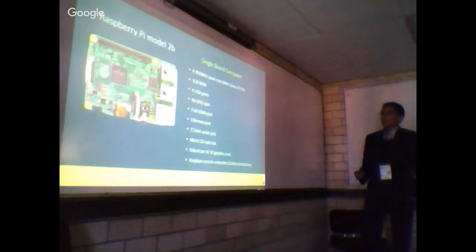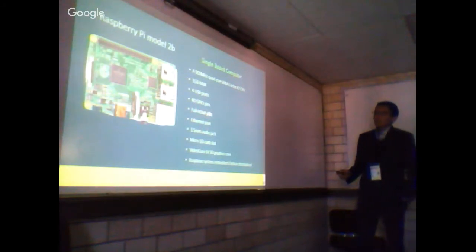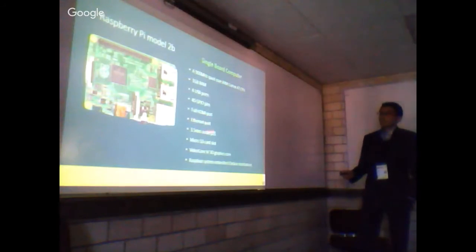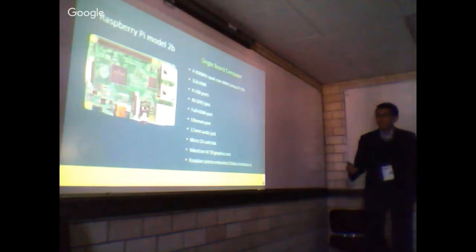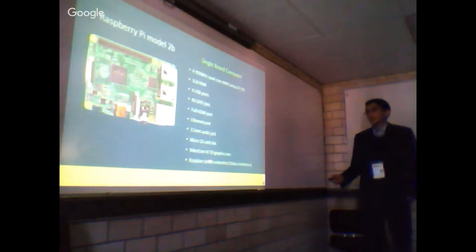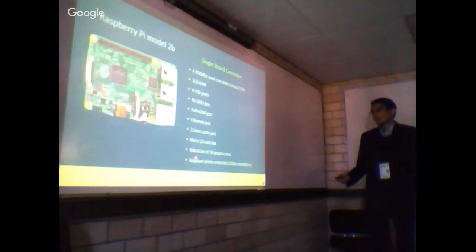They are general-purpose pins. It also has a full HDMI port where we can connect an external monitor, an Ethernet port for connection to the internet, an audio jack, and a micro SD slot, which is the analog of the hard disk in a normal computer. It has a very primitive video card.